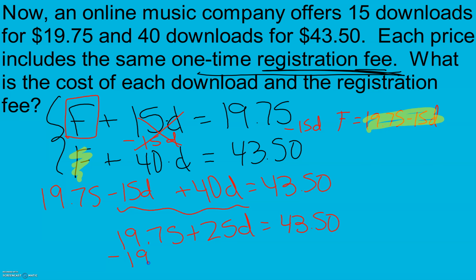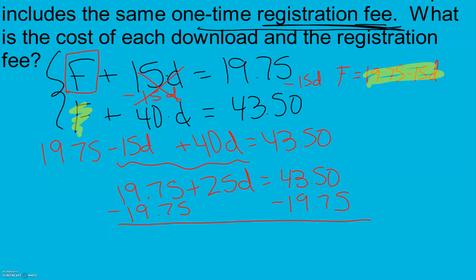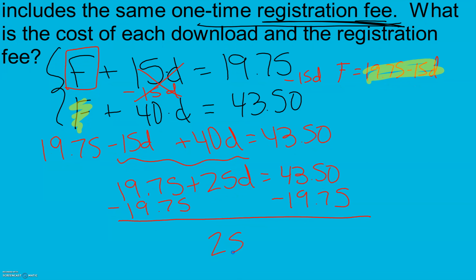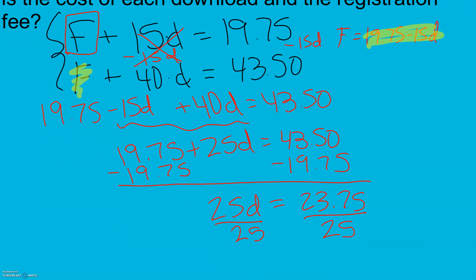Add or subtract to get our variable term by itself. Here we get 23.75. Then multiply or divide to get d by itself. And I get 95 cents per download.